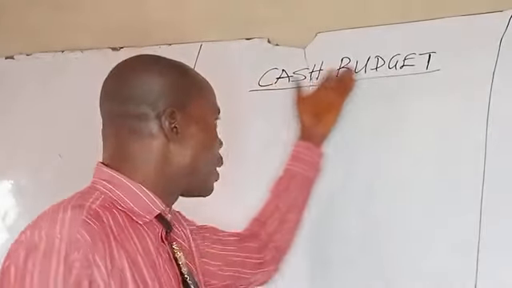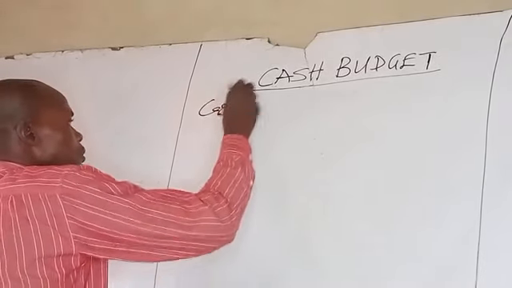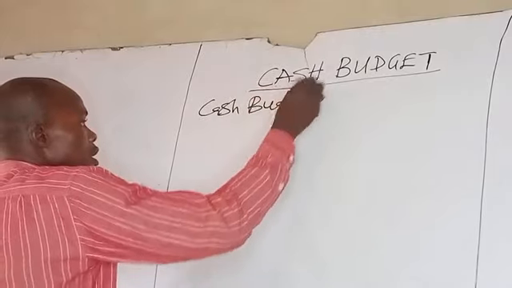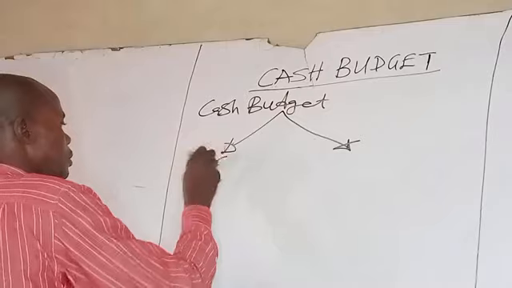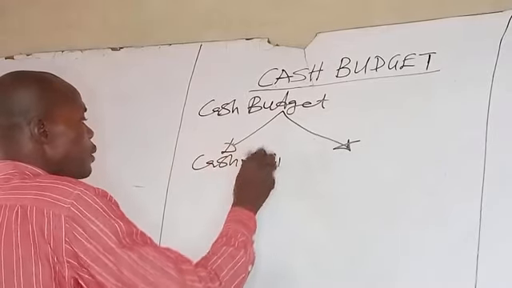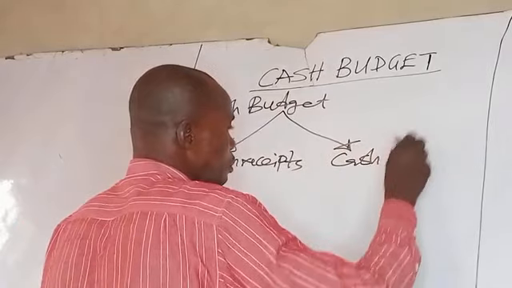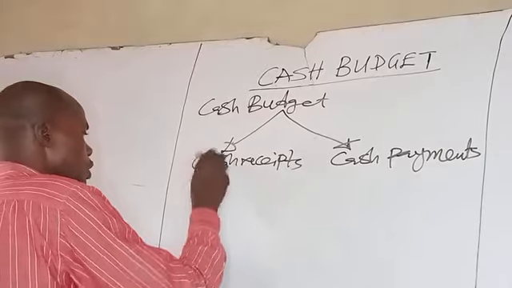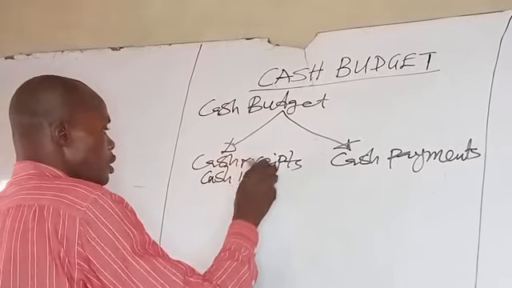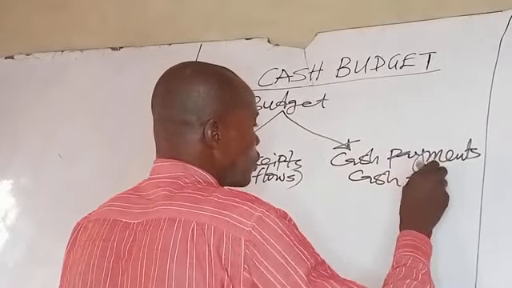What is cash budget? Cash budget shows the forecast cash receipts or cash inflows and cash payments, or cash outflows.